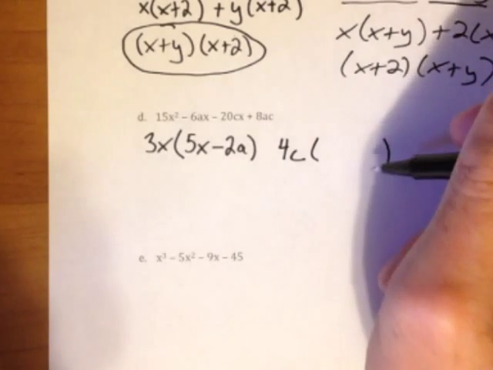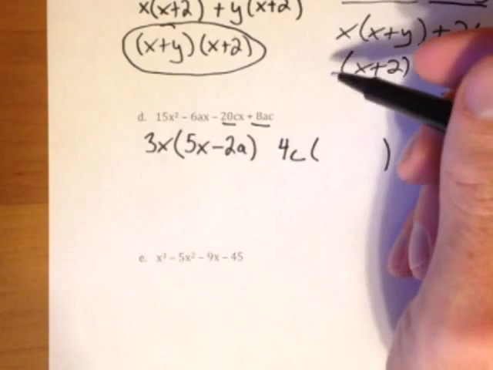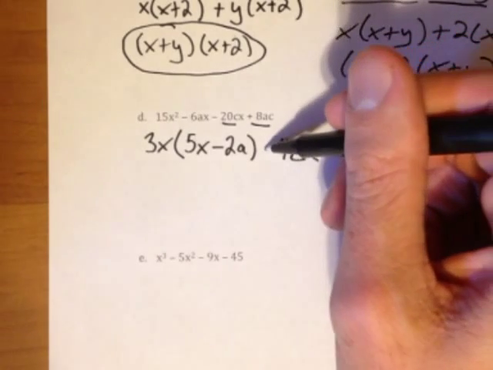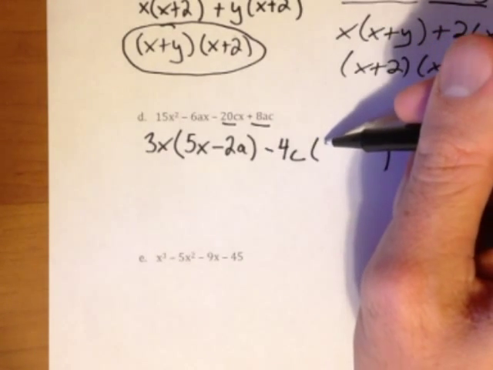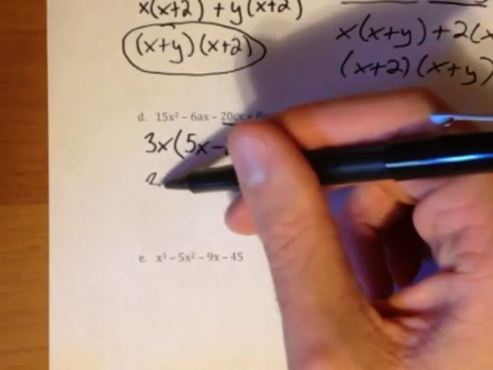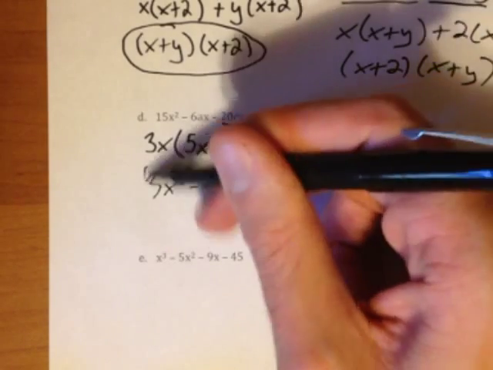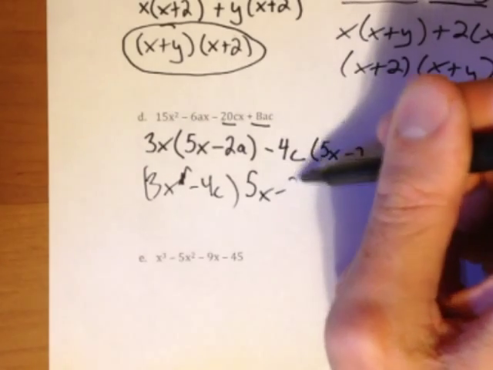If I factor out a 4c, though, this is going to be positive and this is going to be negative. I need my first term to be positive, so I'm going to factor out a negative 4c. And I get 5x minus 2a. My parentheses match, so I can write 3x minus 4c times 5x minus 2a.